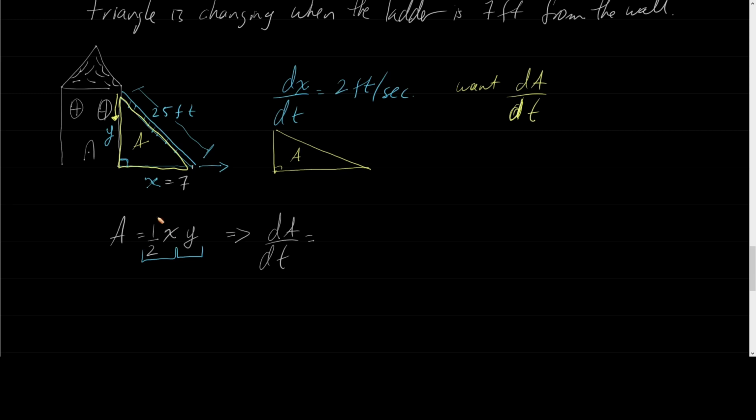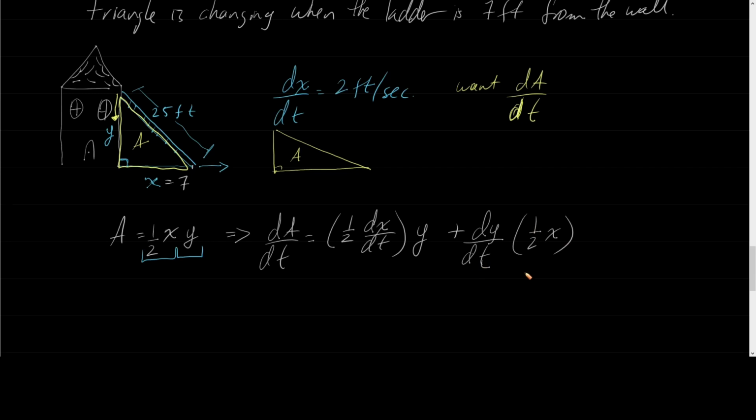The derivative of the first, 1/2, but because I'm using implicit differentiation with respect to t, it's 1/2 dx/dt times the second, plus the derivative of the second. The derivative of y is just 1, but with respect to t I end up with dy/dt times the first, 1/2 x.